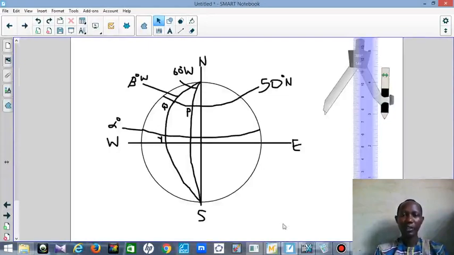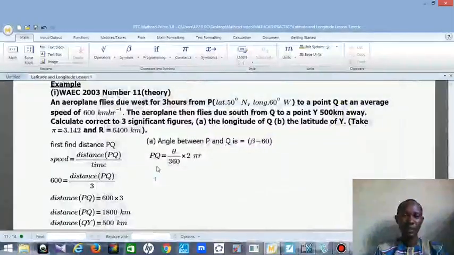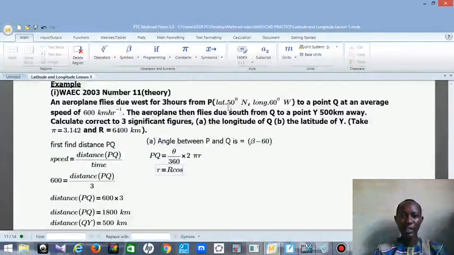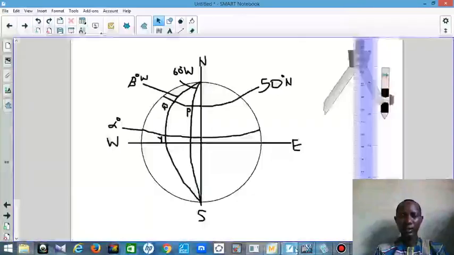So we need to find small letter r. We need to calculate the radius. So how do you get small letter r? Small letter r is equals to capital R cos alpha. And remember, the alpha is going to be the latitude, which is 50 degrees, the latitude on which they are standing. Both P and Q are standing on latitude 50 degrees.